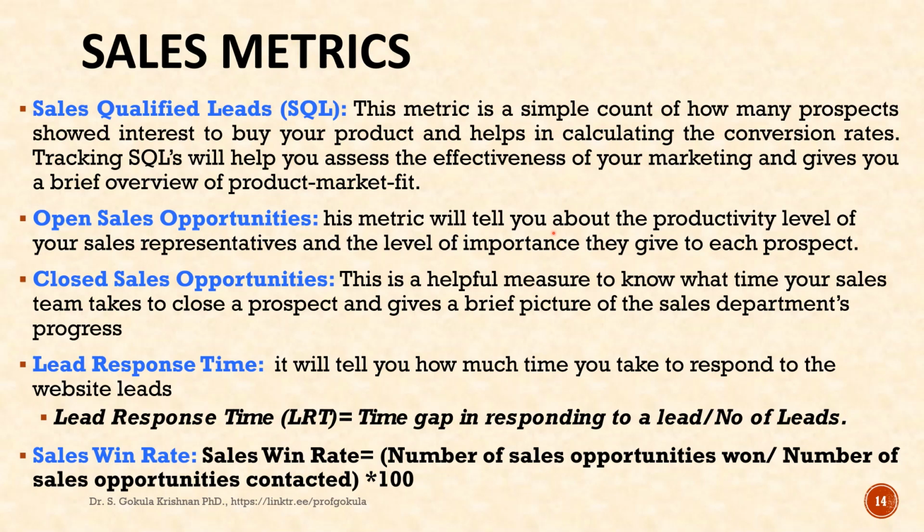So how many consumers showed interest towards your product, those are qualified leads, and how many leads can be converted into customers. That is very, very important. The conversion rates are going to be decided here.